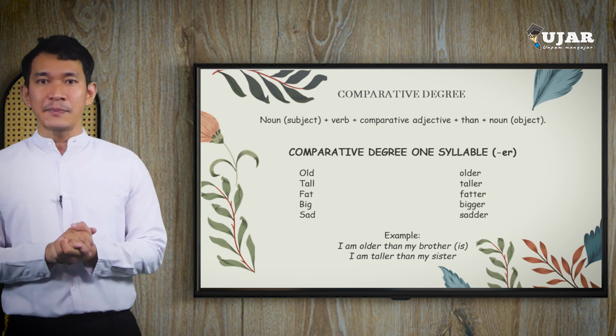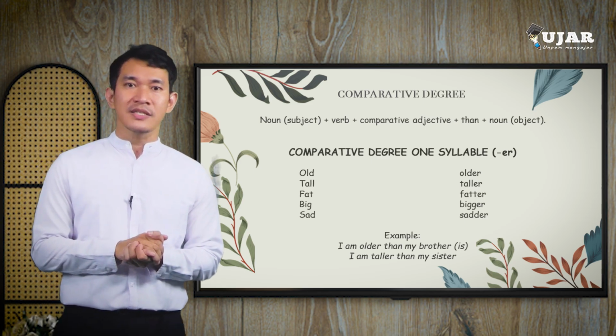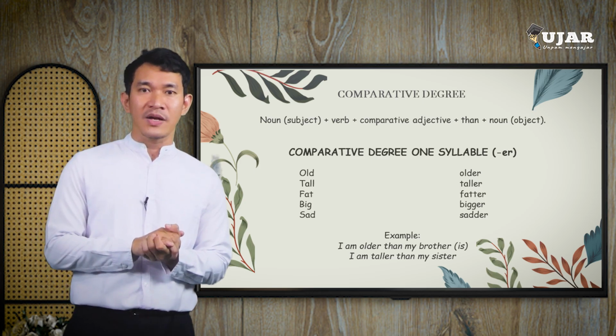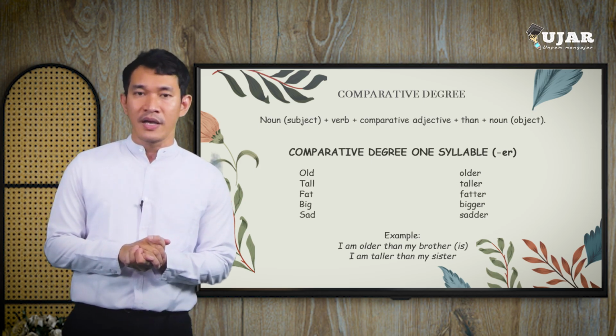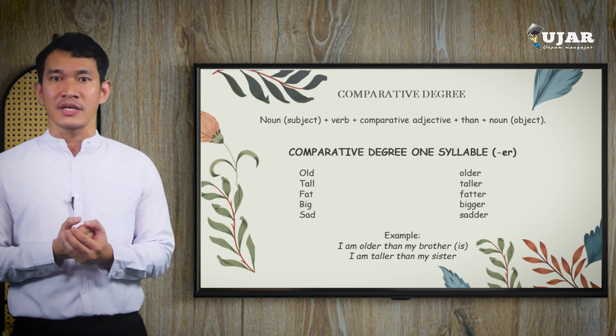Example I: a pen is less expensive than a book. Example J: a pen is not as expensive as a book. Example K: a pen is not as large as a book. Incorrect sentence: a pen is less large than a book.